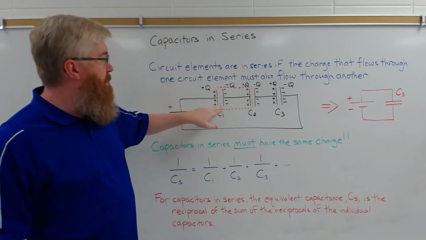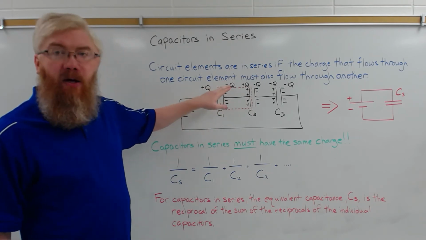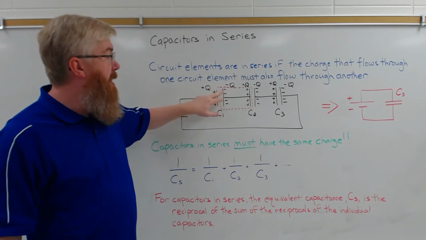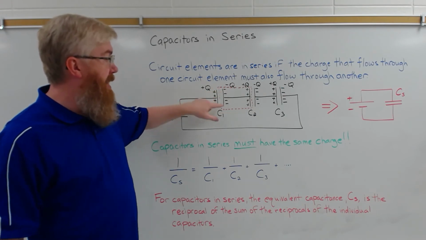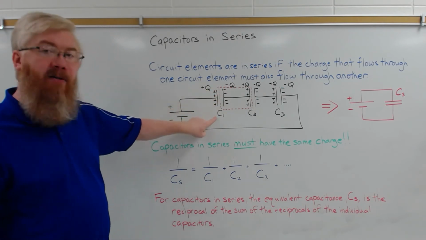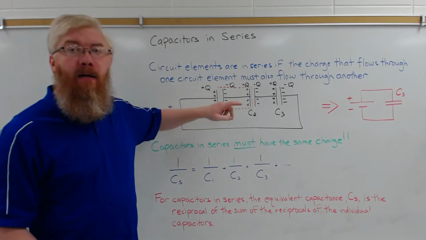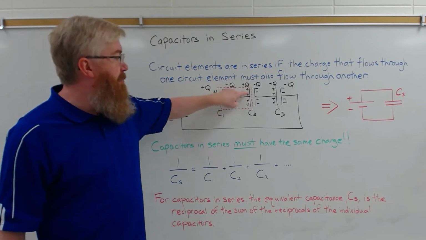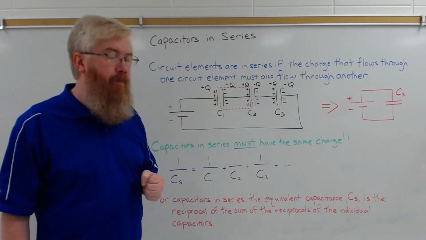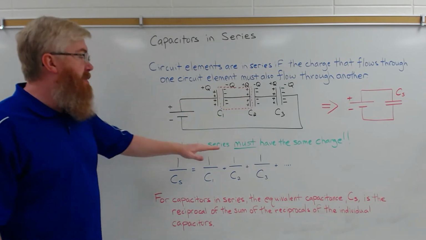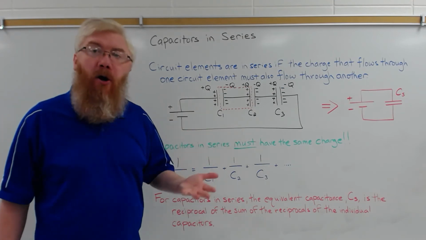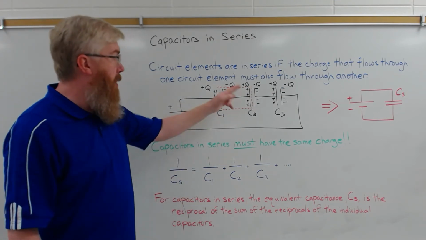So if the right-hand side of capacitor plate C1 has charge negative Q, with excess electrons, they had to have come from elsewhere on that conductor, and they came from the left plate of capacitor C2. So capacitors in series must have the same charge throughout.